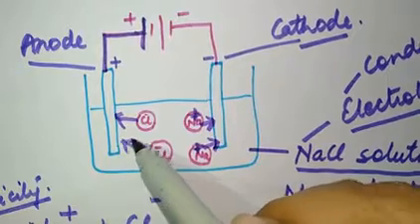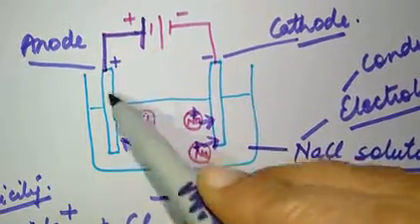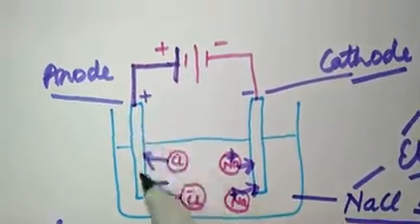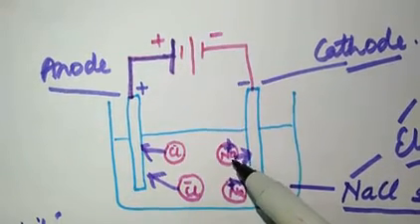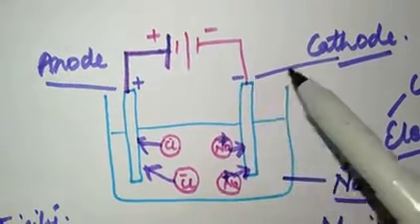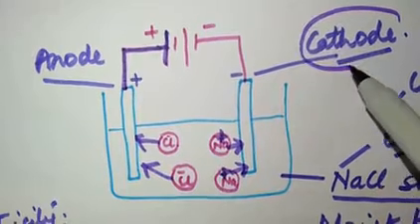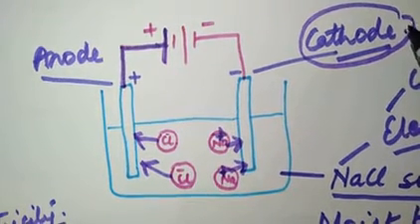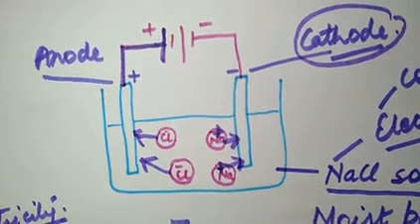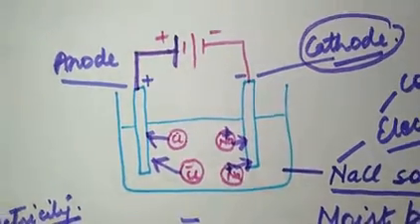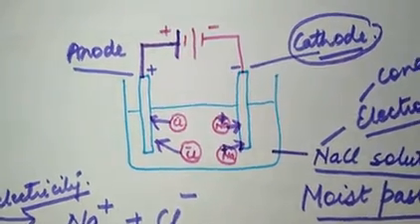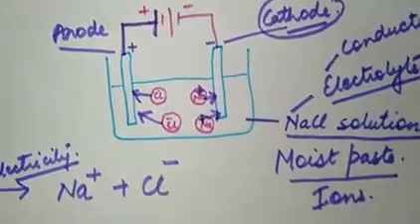So chloride ions will move towards the anode, the positive electrode, and sodium ions are going to move towards the cathode, the negatively charged electrode. This is how the reaction will happen.